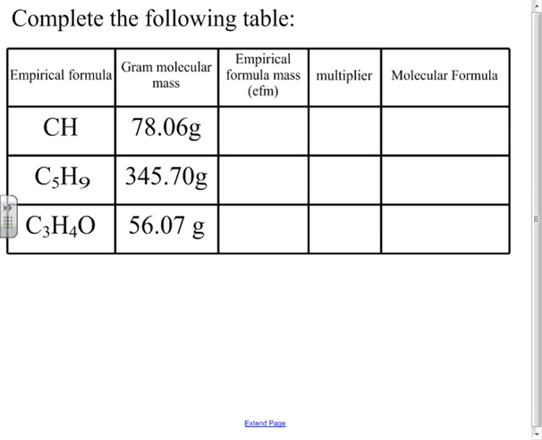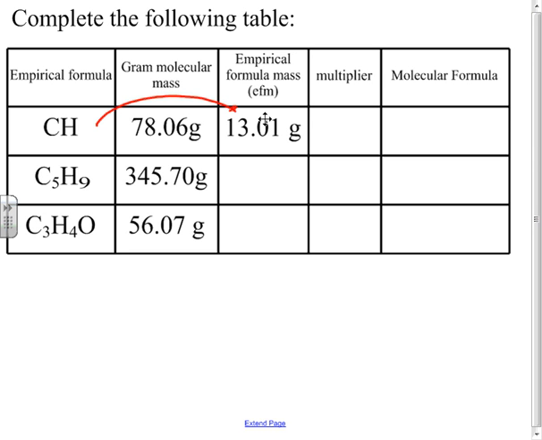Let's wrap this up by looking at the same thing in a table form. If I asked you to complete the following table, given these empirical formulas and their gram molecular masses, the first thing again is always determine the empirical formula mass. So CH has an empirical formula mass of 13.01. That's just adding 1 carbon, 1 hydrogen.